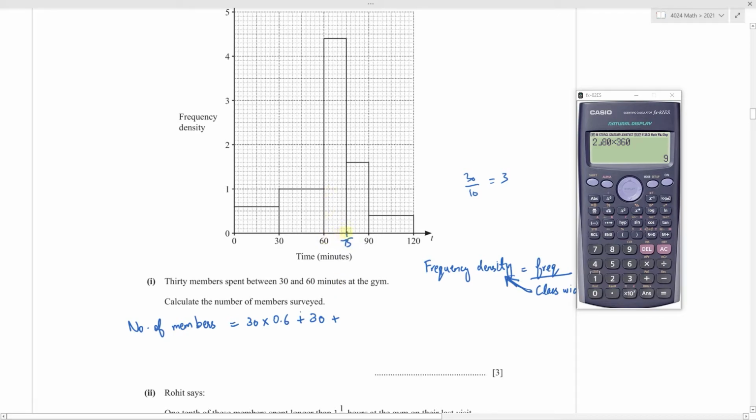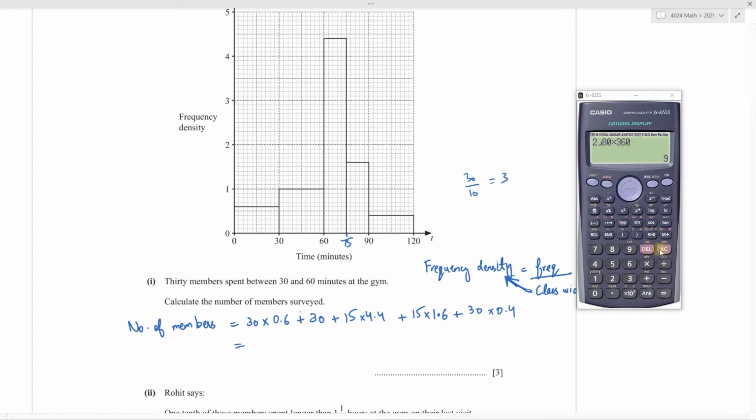So the class width here is 15 and your frequency density is 4.4, plus again 15 class width, frequency density of 1.6. This class width is 30, frequency density of 0.4.